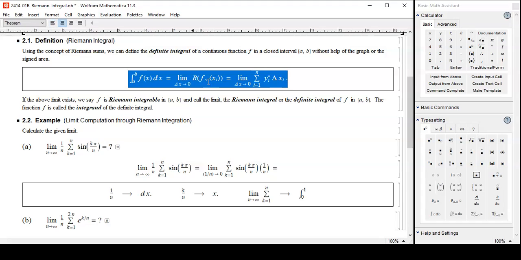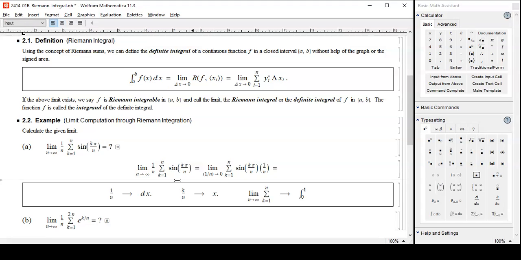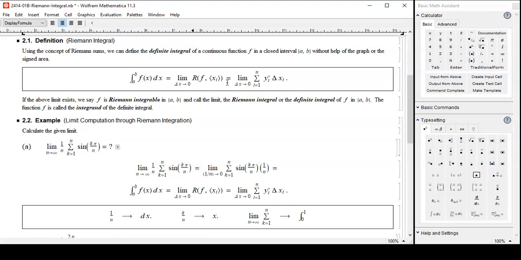I'd like to have a little bit different version here. Okay, and then we are dealing with continuous functions, so yi stars can be rewritten as f of xi star.